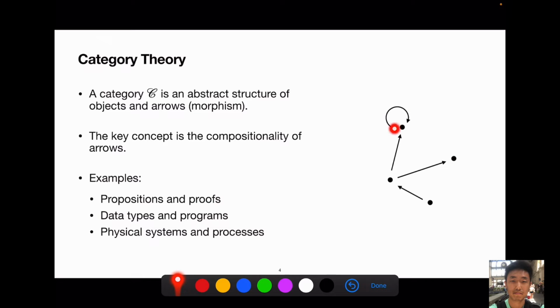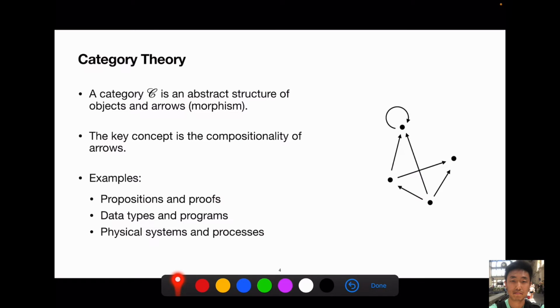We also allow self-loops. And the composition of arrows is as you naturally expect. So if we have an arrow going this way, followed by an arrow going that way, then we should have an arrow going directly from here. Similarly, if we have an arrow going that way, followed by another arrow, then their composition is the arrow directly going there.